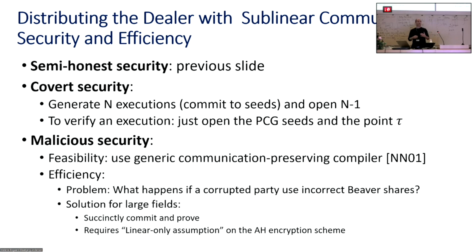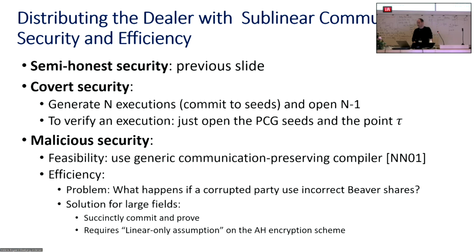To achieve concrete efficiency, the main challenge is what happens if a malicious party does not use its correct Beaver triple share, the actual share that it received from the PCGs. This is a problem, and for this we need to add some more tools on top of what I showed.